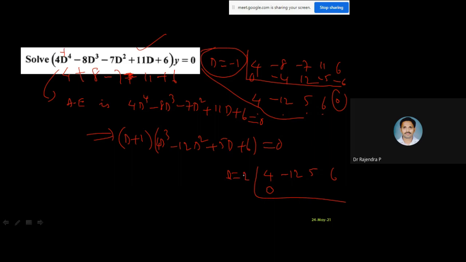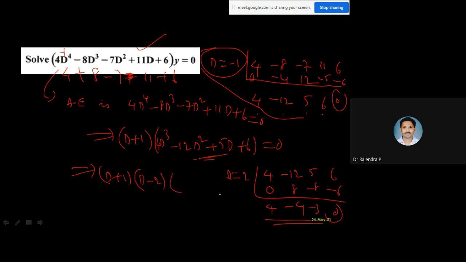D = 1 and -1 are not satisfied for this particular polynomial. If I start with D = 2, 2 fours are 8, then this will be -4, then 2 into -4 is -8, then this will be -3, so -6, we are going to get 0. So again, I can write this as (D + 1) into another factor (D - 2), and the remaining is 4D^2 - 4D - 3 = 0.